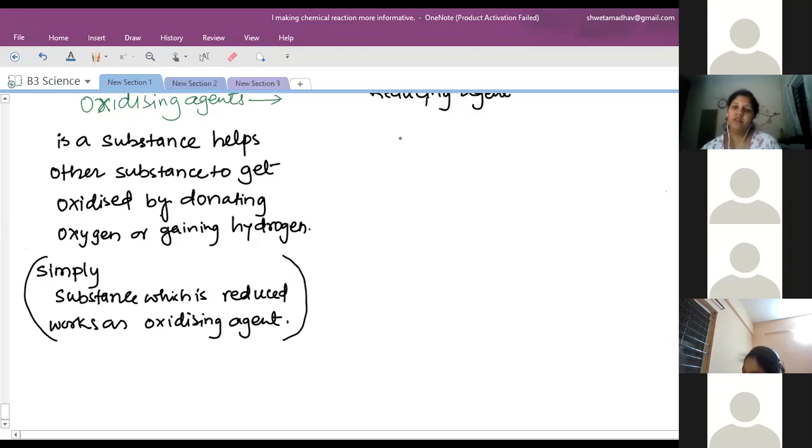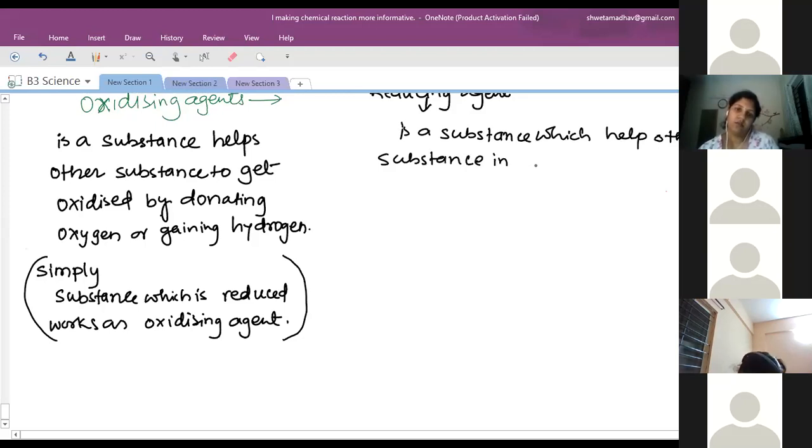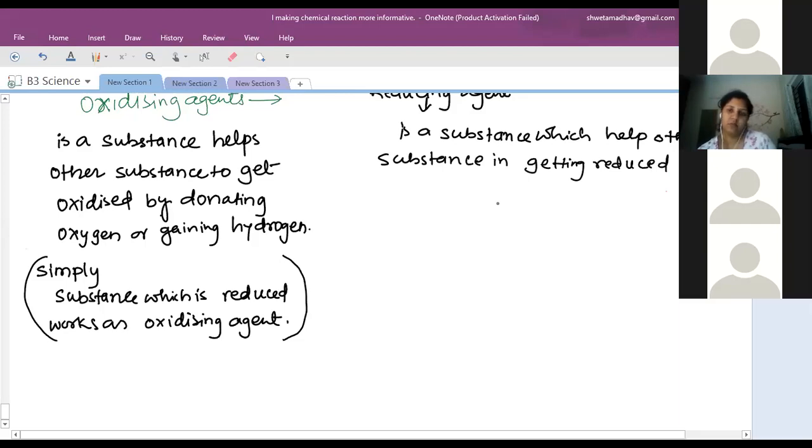And reducing agent is a substance which helps another substance in getting reduced by gaining oxygen or losing hydrogen.